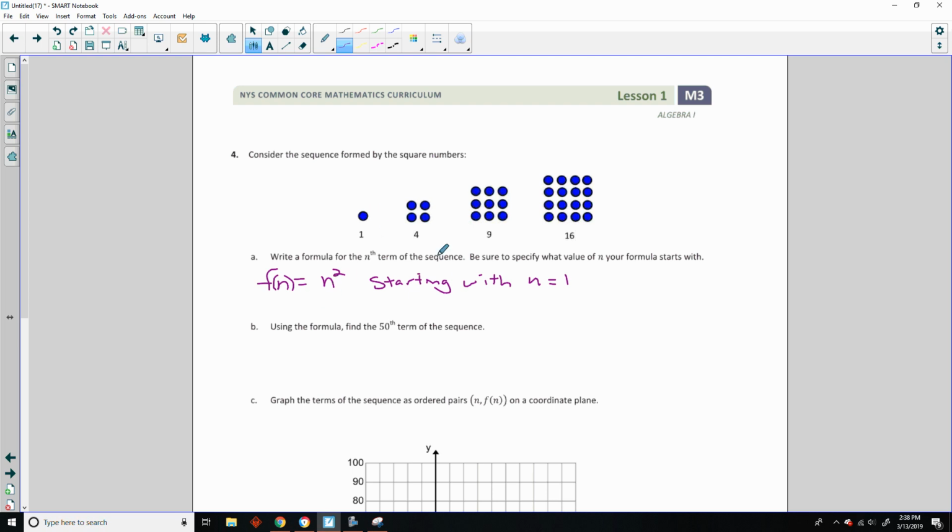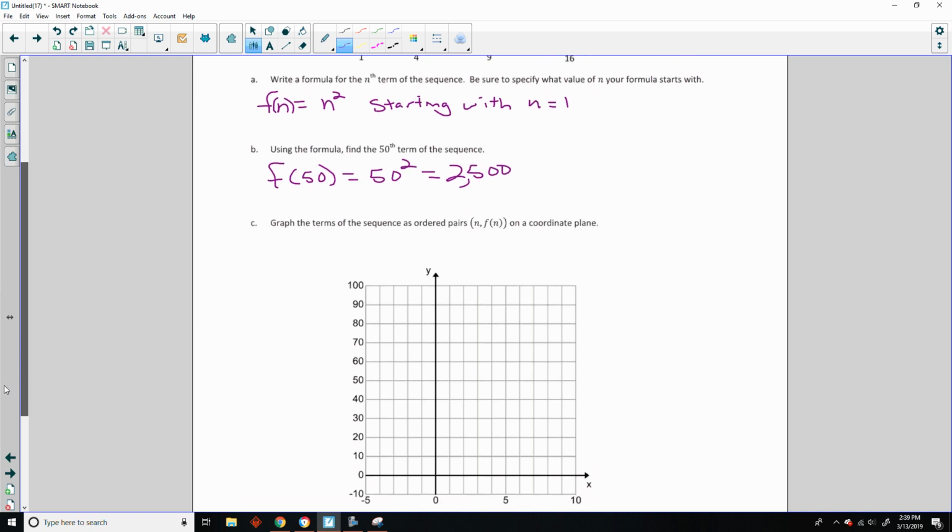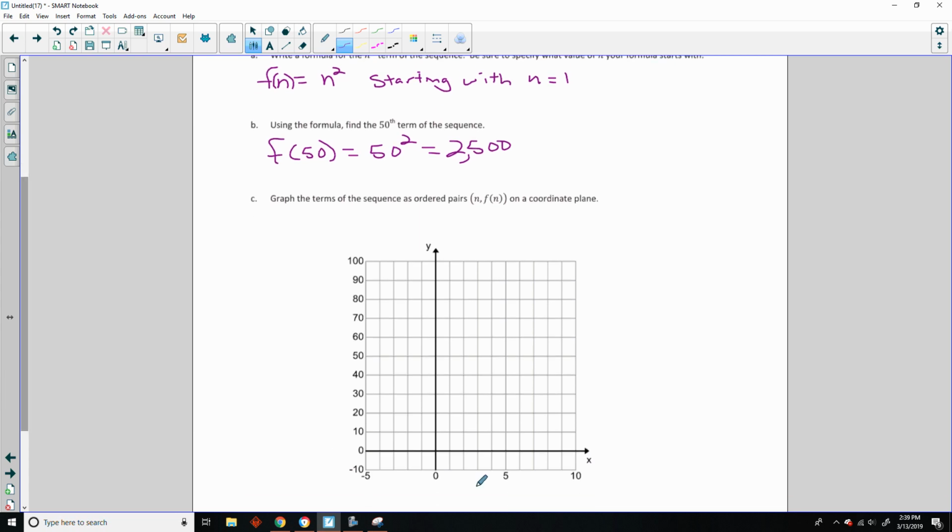So 1 squared, 2 squared, 3 squared, 4 squared. Using the formula, find the 50th term of the sequence. That would be f of 50 equals 50 squared, which equals 50 times 50, which is 2,500.